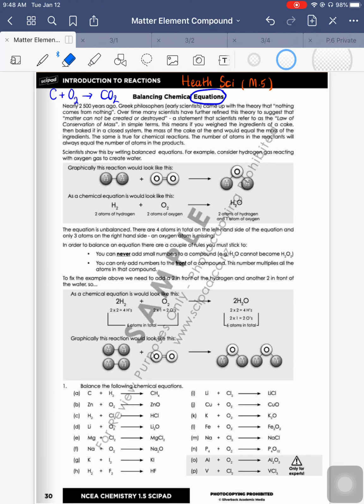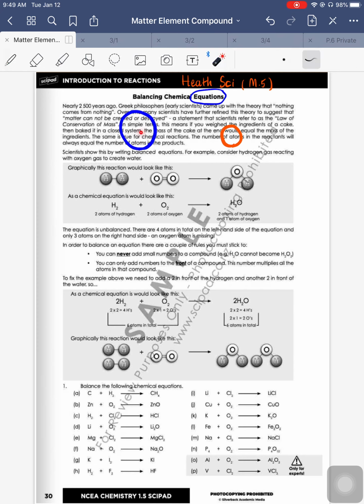So now we will learn how to balance an equation. Balancing means if you have something on your left side, and how about your right side? A big one and a small one, right? The big one has more weight, and the small one has just a tiny weight.